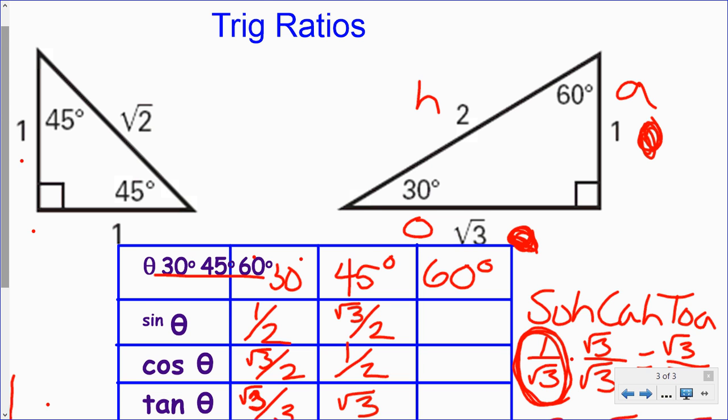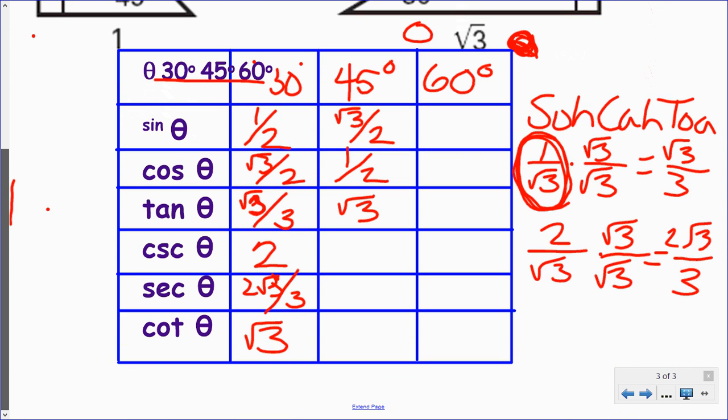All right, now let's find our reciprocals. Okay, so cosecant is the reciprocal of sine. Now, initially when you flip it, you're going to end up with this, 2 over square root of 3. But then rationalize your denominator, and you get 2 square root of 3 over 3. Secant is reciprocal of cosine, so that's easy.